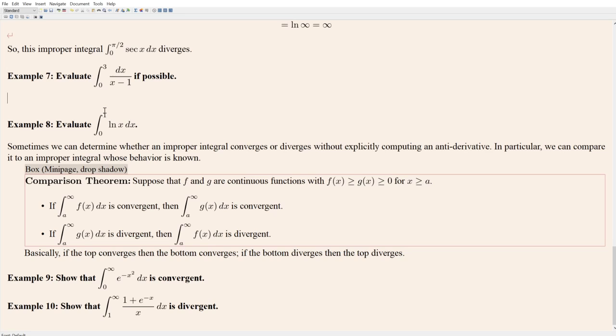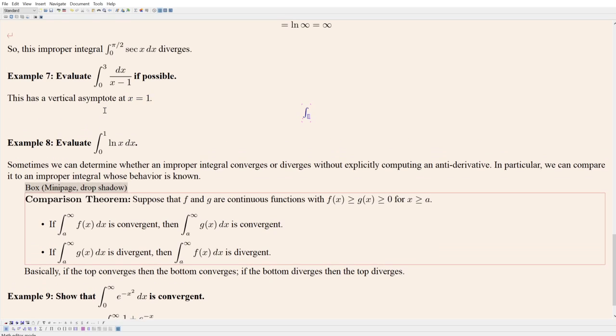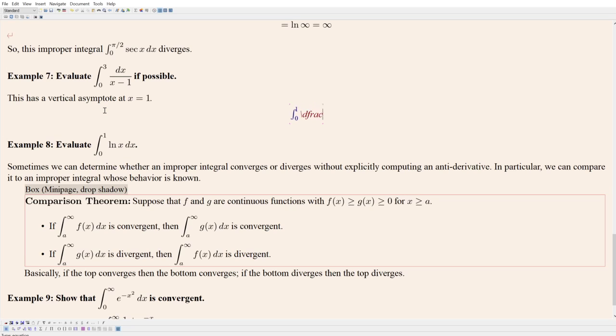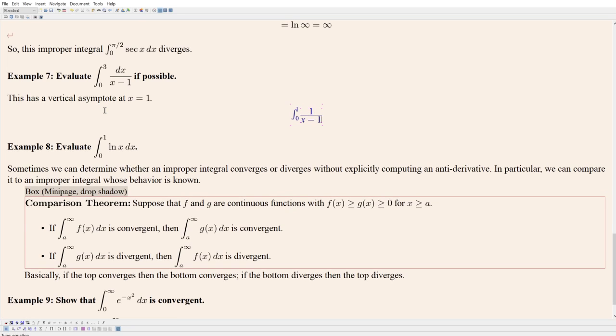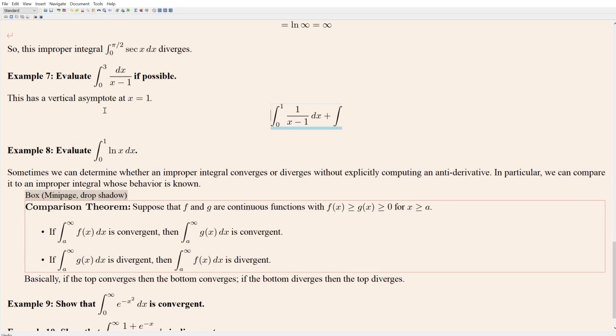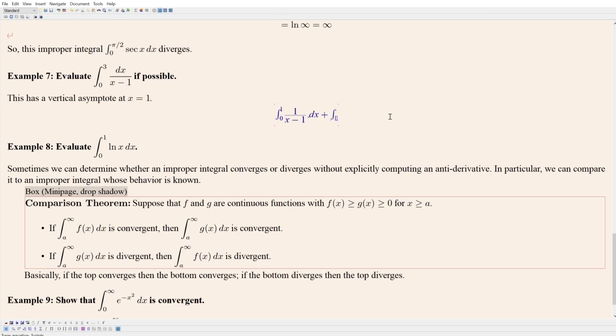So we're going to have to split this into two pieces. So this is the integral from 0 to 1 plus the integral from 1 to 3.